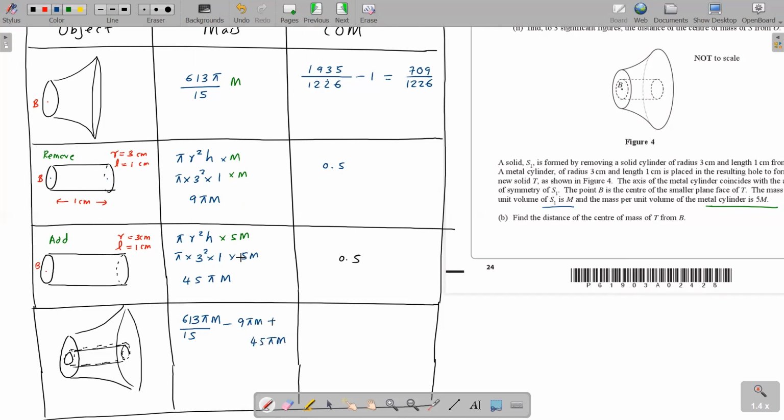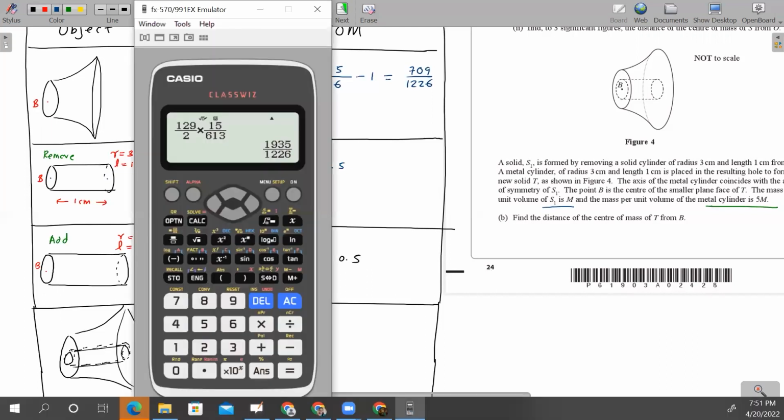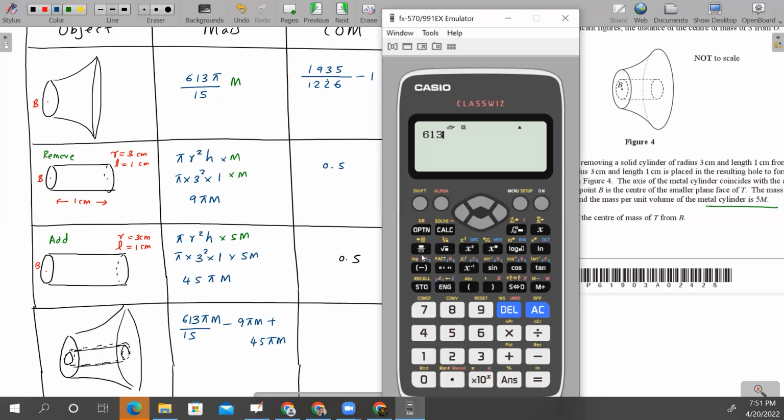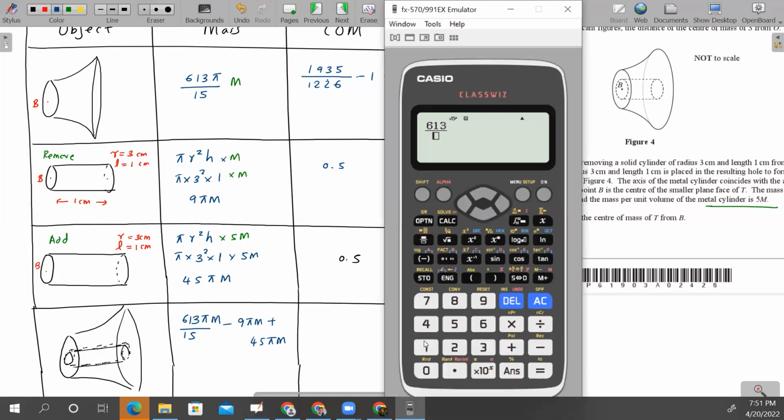So you cannot type pi and m in the calc. Pi and m is common. So you just type the other part, 613 over 15 minus 9 plus 45. You can give the pi if you want, but since pi and m are common to both, you can just type the figures. 613 over 15 minus 9 plus 45 gives me 1153 over 15 pi m.